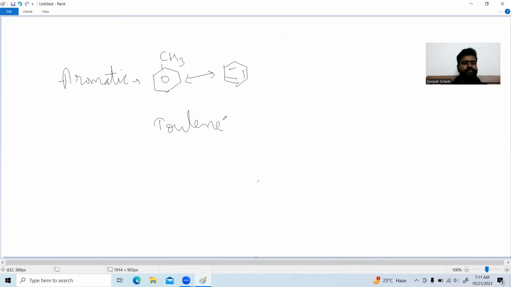So an aromatic ring, or benzene ring, should be there. Every point you can see here is C. 6 C are there, so C6H6 is the formula of benzene, and alternate single and double bonds are present.